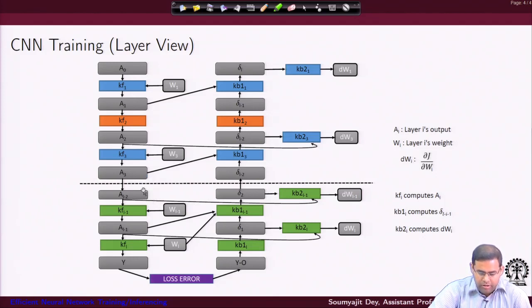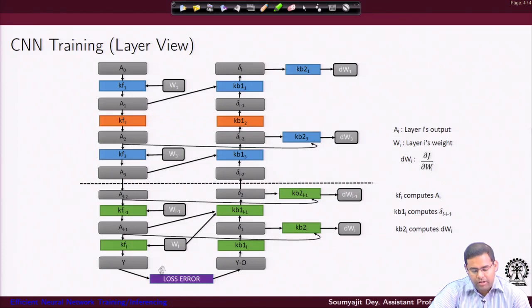At the end I am going to have the fully connected layers, right. So, let us say the green ones represent the fully connected layer operations. At the end of the fully connected layers, I will get the overall output of the network, right.